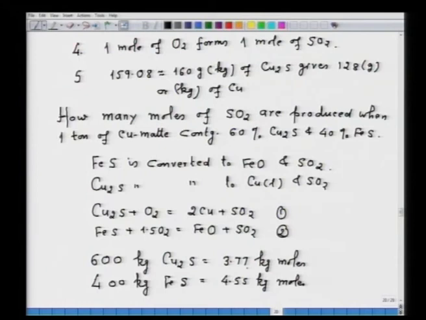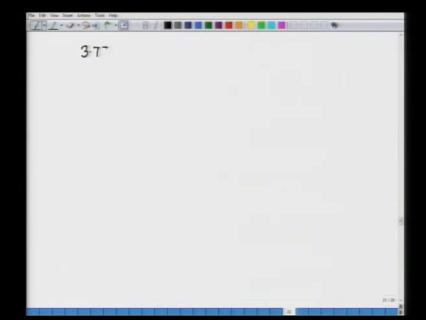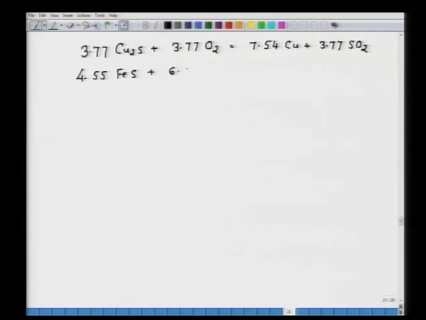So, if I do that, then I will be getting 3.77 Cu2S plus 3.77 O2, that will be equal to 7.54 copper plus 3.77 SO2 and 4.55 FeS plus 6.8175 O2, that will be equal to 4.55 FeO plus 4.55 SO2.